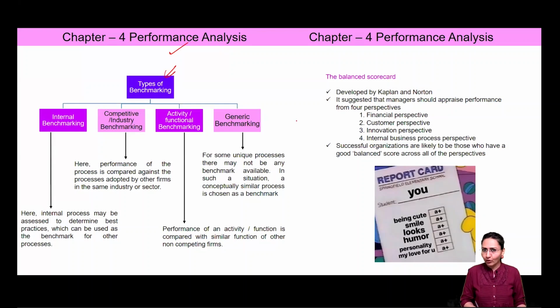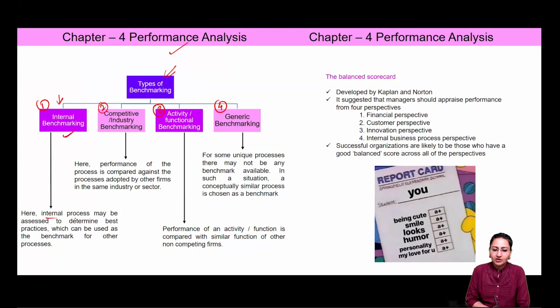Benchmarking can be in 4 forms. 1, internal benchmarking. 2, competitive benchmarking. 3, activity benchmarking. And 4, generic benchmarking. Now, you need to learn these names whenever the discussion on benchmarking happens. Do not miss on writing the technical names correctly. Internal benchmarking.